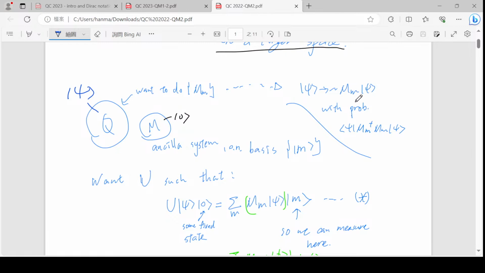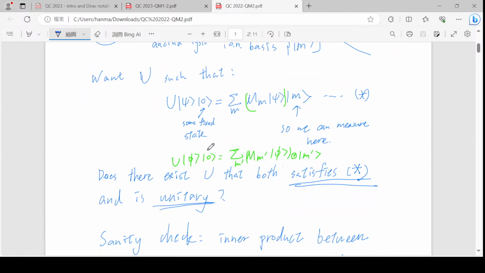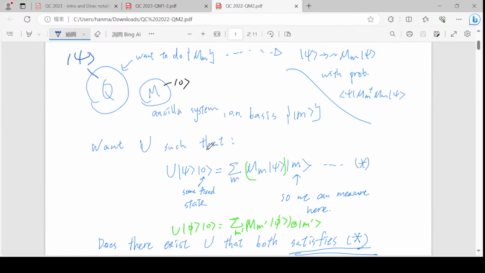So what we do is we do a really weird unitary. This is big U. The big U is a function of this set of measurement operators. So this U acts on both your Q system and M system, and we have a partial definition here. This is star.